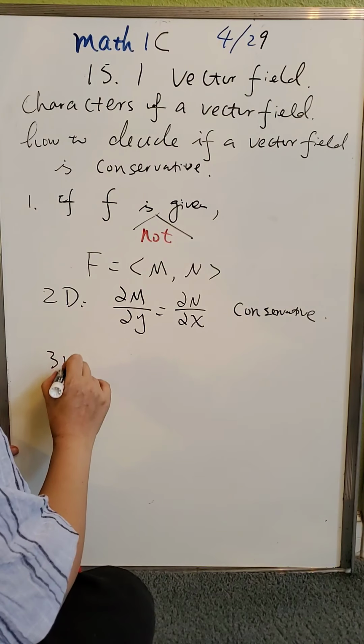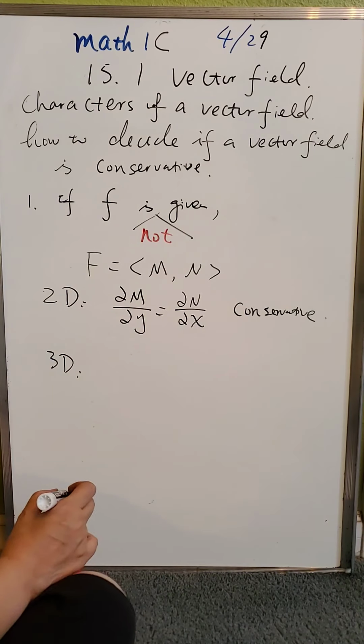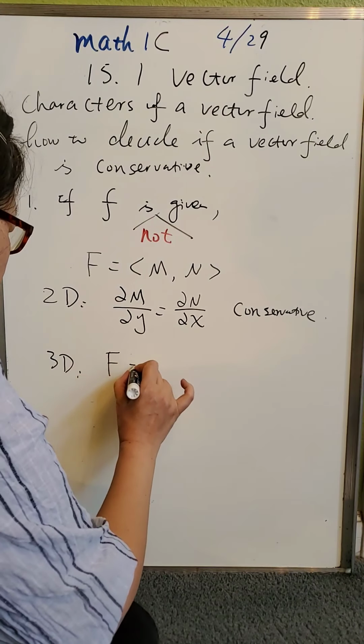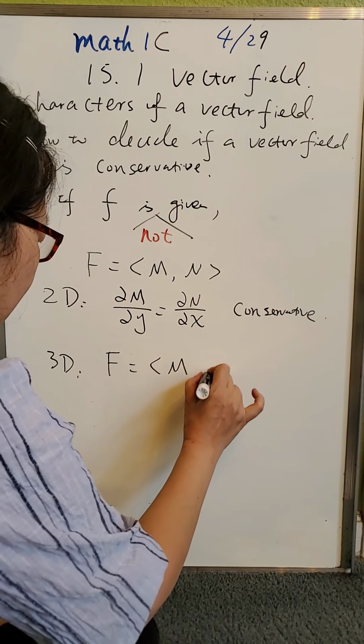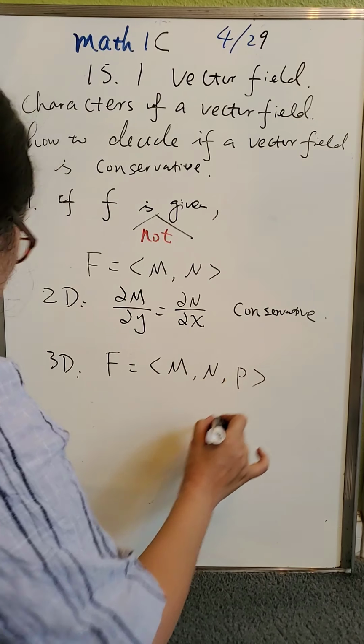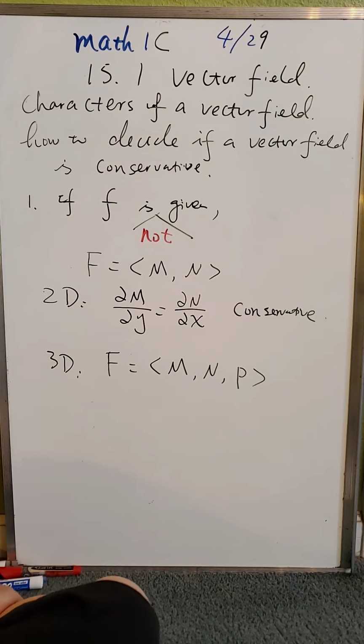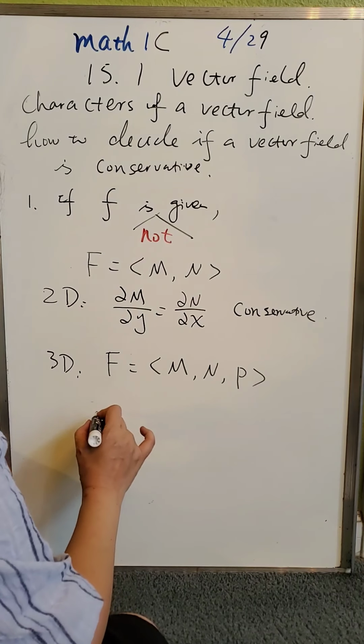And if you have 3 dimensions, then F equals M, N, P. How do you do it? You just need to find the curl, which is a new term.